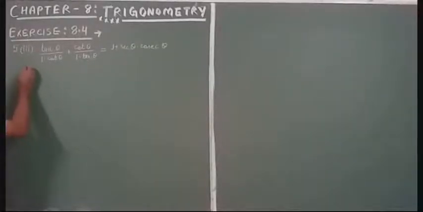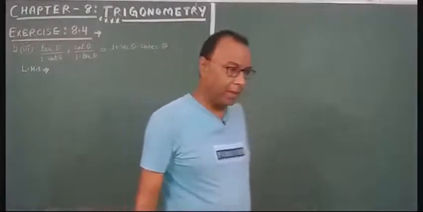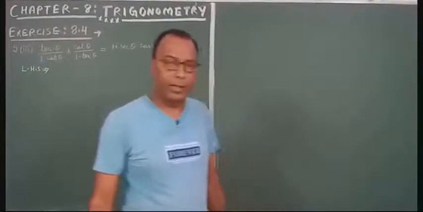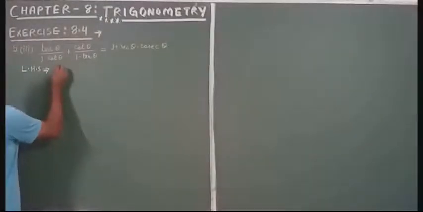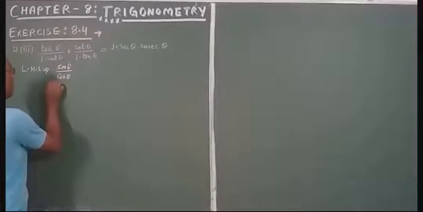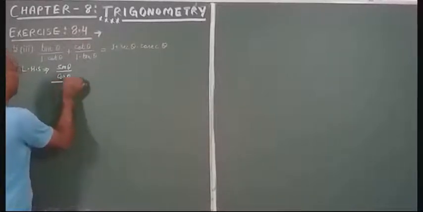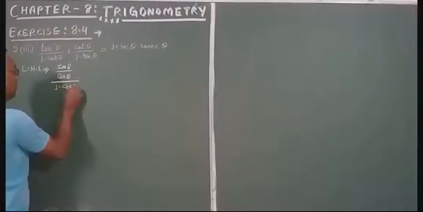We are starting with the left hand side. First, I am writing tan theta and cot theta in terms of sin theta and cos theta. Tan theta can be written as sin theta upon cos theta, and divided by this, cot theta can be written as cos theta upon sin theta.